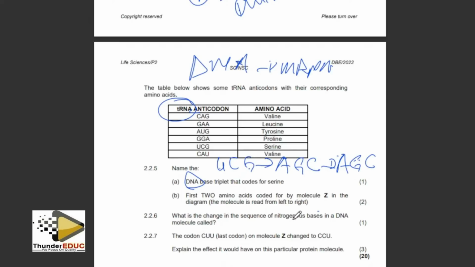So a change in the sequence of nitrogenous bases in DNA code is a gene mutation or mutation. They're saying that code CUU changes to C. Now they're saying codons, it means they are not saying anticodons, codons. So I have to convert this into transfer RNA.